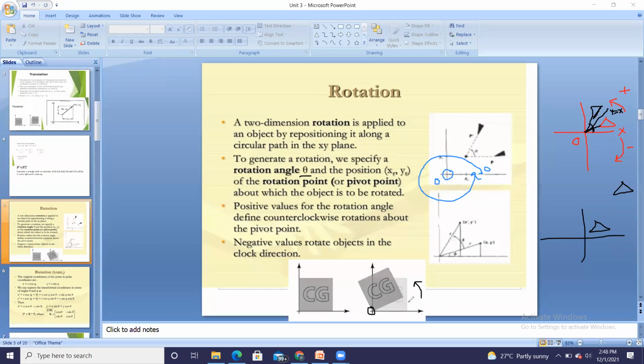Anti-clockwise. Right. So it is rotated in anti-clockwise direction. So it is a positive way of rotation. So we are going to have the positive rotation along a pivot point, origin. So this point, origin, is acting as a pivot point or rotation point for this object.